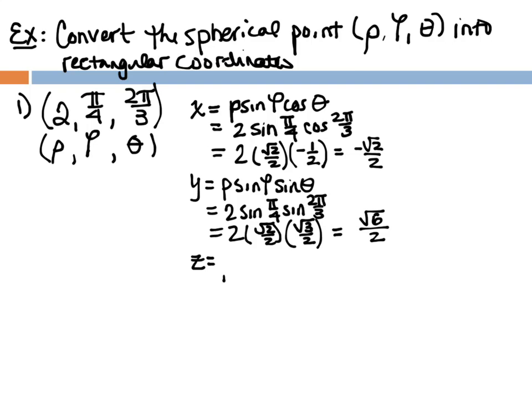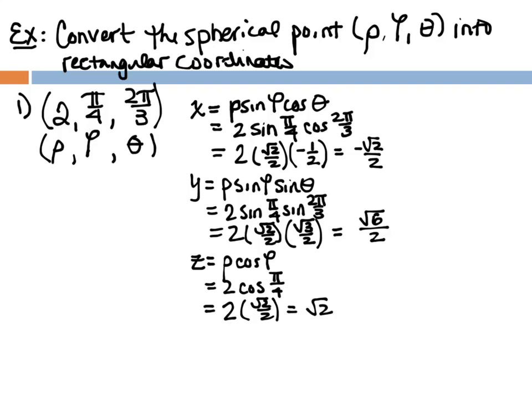All right, last one, z. Z is equal to rho cosine of phi. Rho is 2. Phi is pi over 4. So this is 2 times the square root of 2 over 2, which gives me square root of 2.